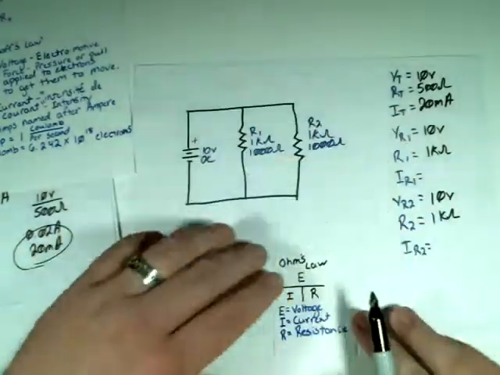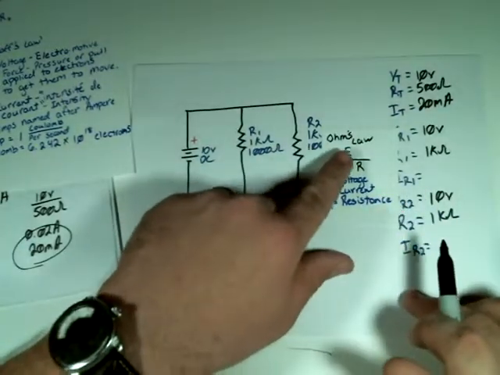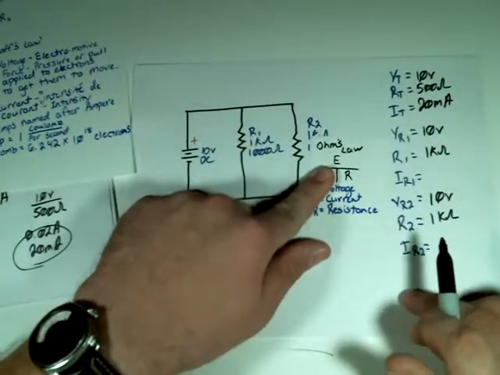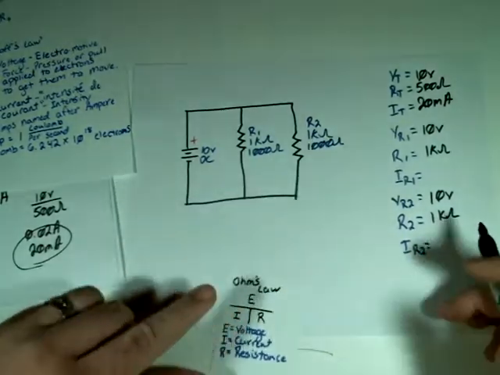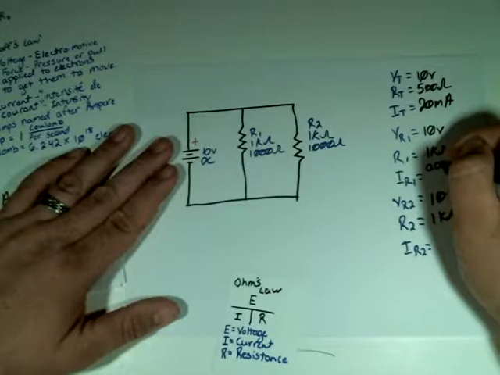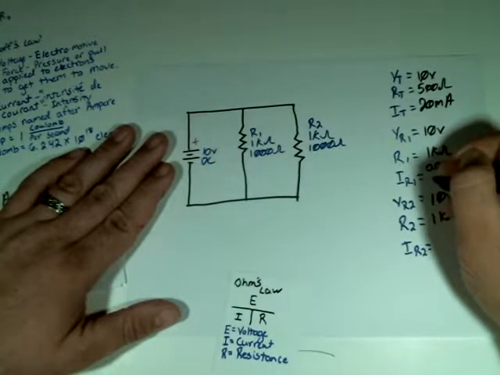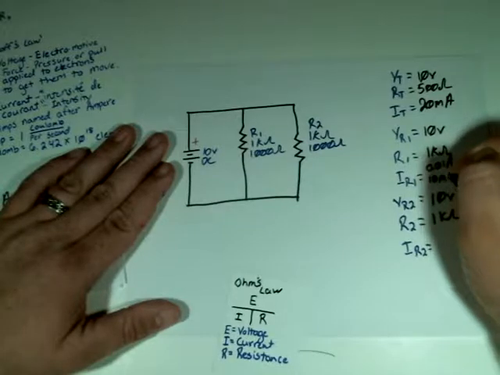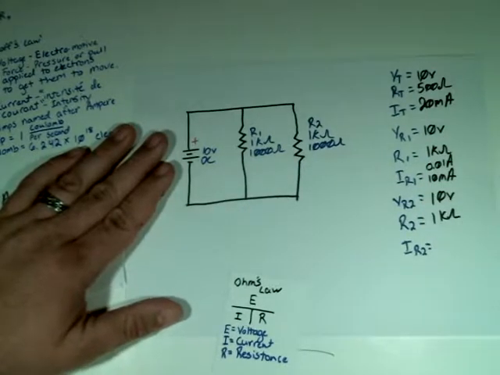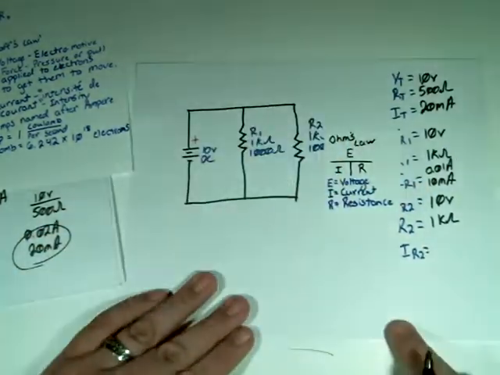So now we have two of the measurements we need. We just want current. So 10 divided by 1k ohm is 0.01 amps or 10 milliamps.